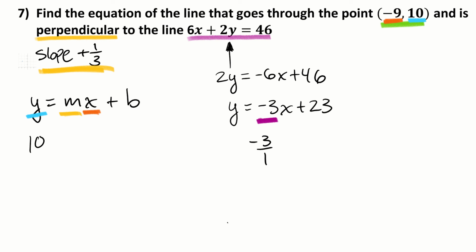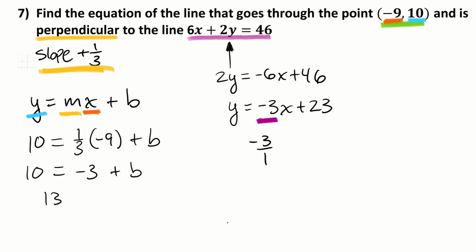So we can write 10 is equal to 1/3 times negative 9, that's what x is, plus b. When I multiply 1/3 times negative 9, I get a negative 3. So this side becomes negative 3 plus b, and over here it's equal to 10. And if I add 3 to each side, I get that 13 is what b must be.